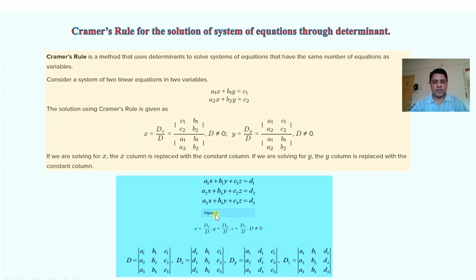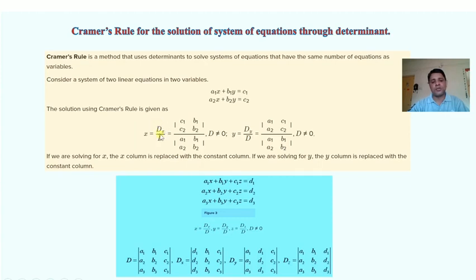So for d, the general determinant, we have a1 b1 c1, a2 b2 c2, and a3 b3 c3.